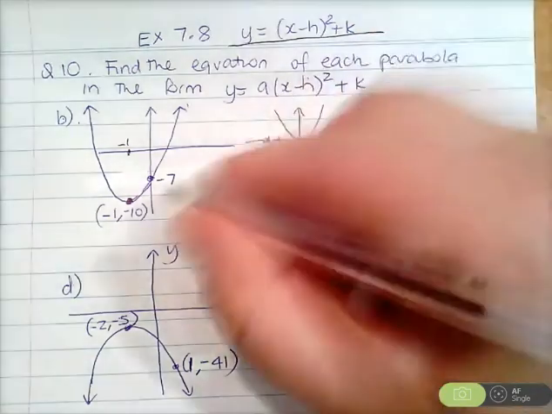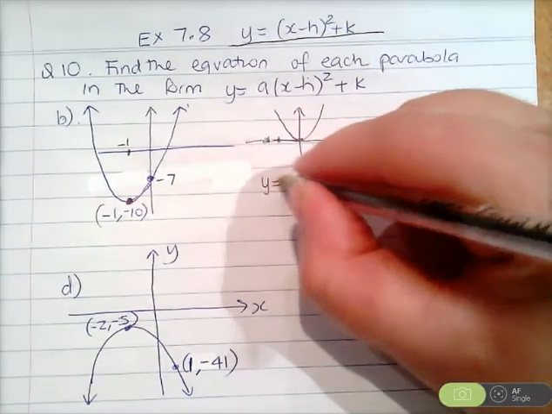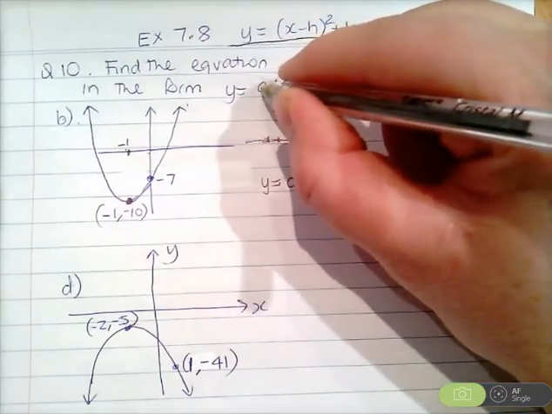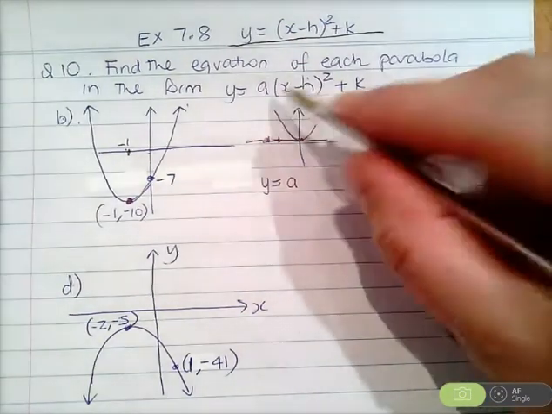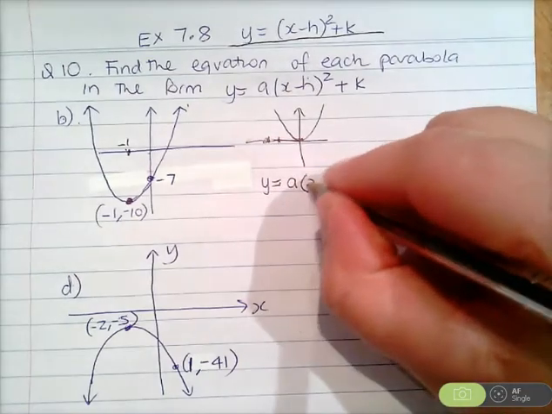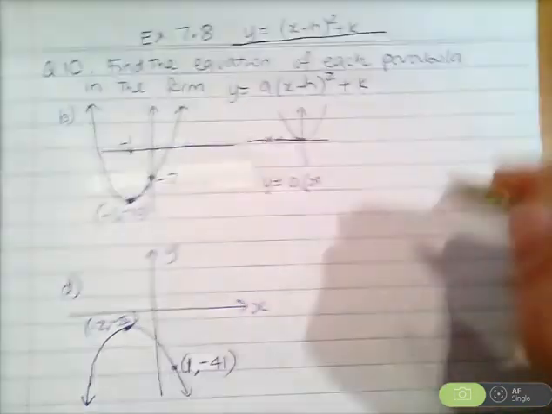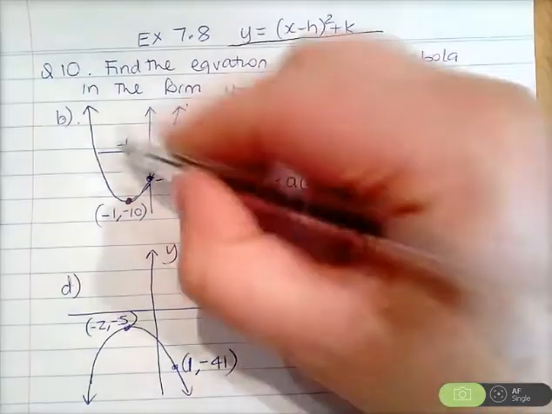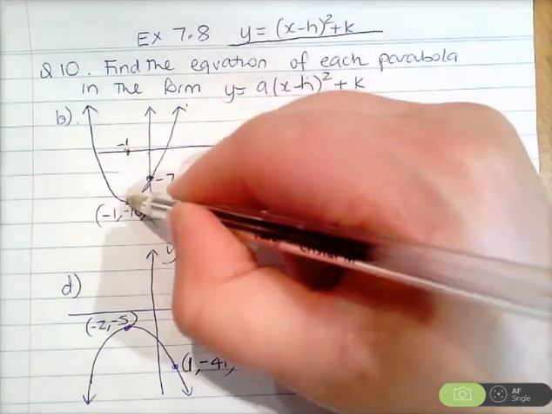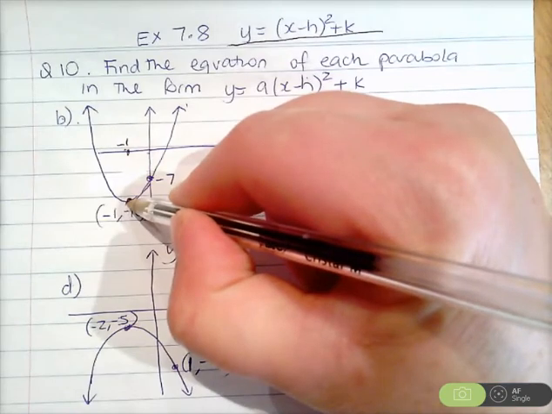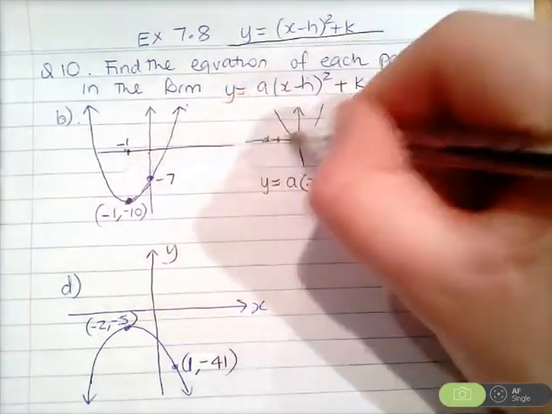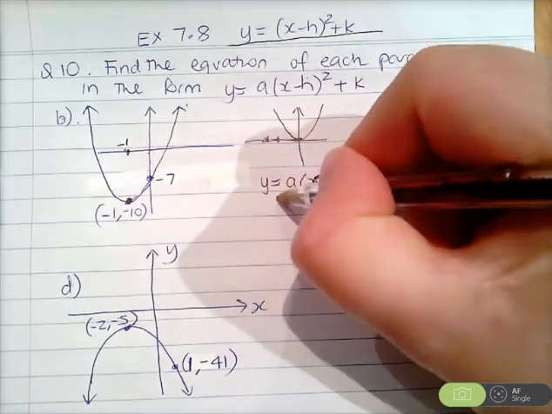I don't know the a yet because we still have to work that out, but we know it's been shifted across to -1, which means I write (x plus 1) squared. It's also been shifted down 10 units.